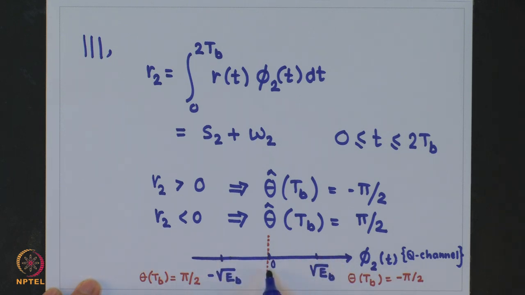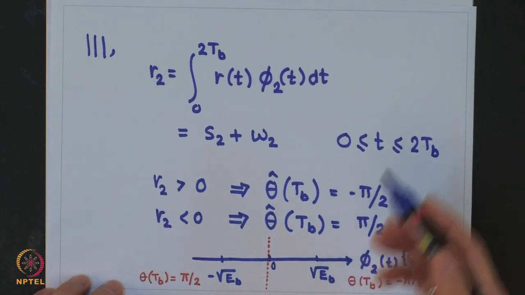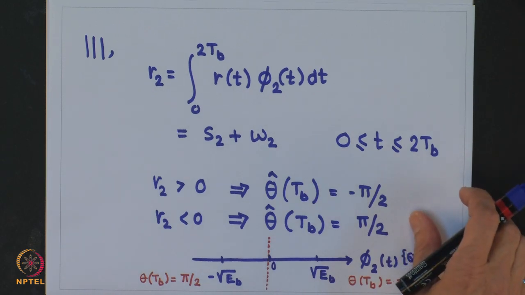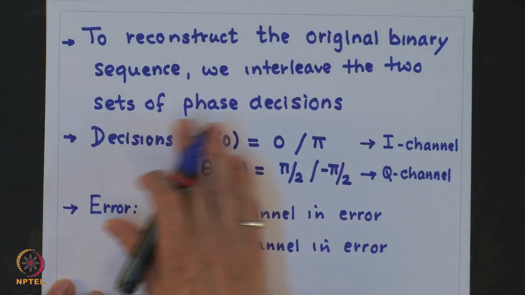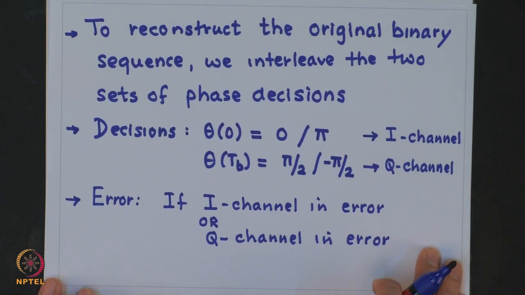Here, when R2 is greater than 0, we say theta Tb is equal to minus pi by 2, and when it is less than 0, we say theta Tb is equal to pi by 2. Once we know theta 0 and theta Tb, we can find out what transmission has taken place. To reconstruct the original binary sequence, we interleave the two sets of phase decisions, correct.